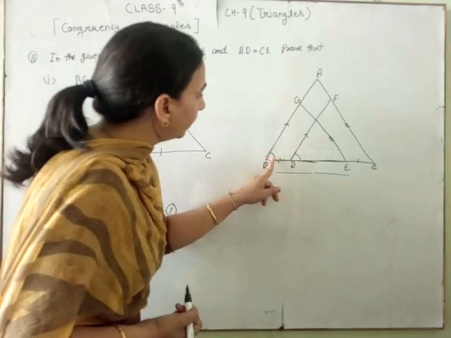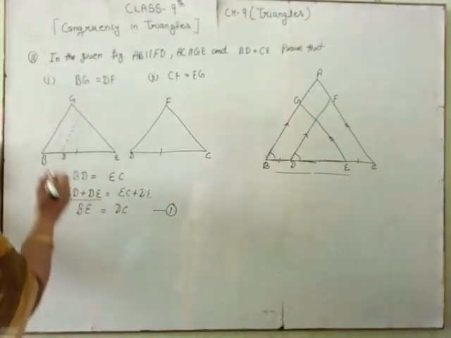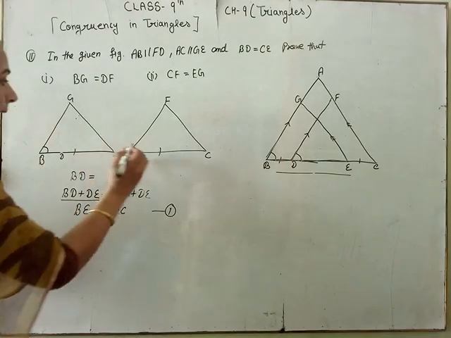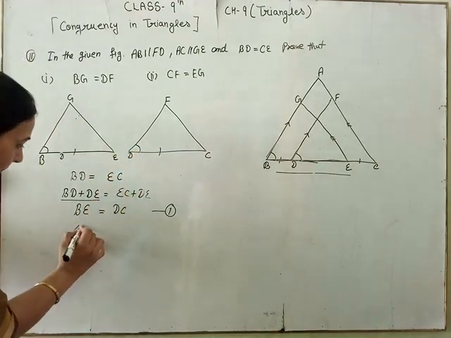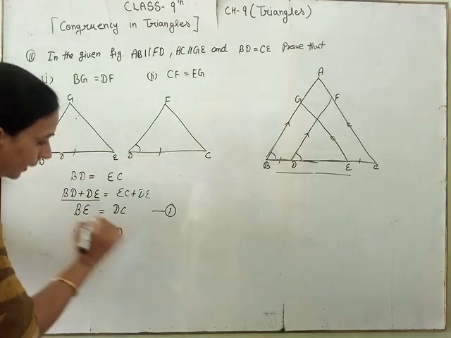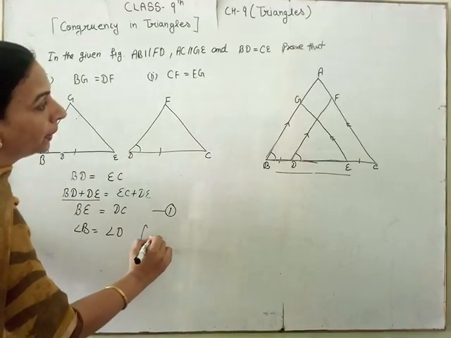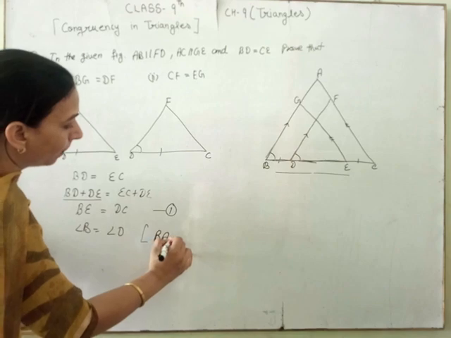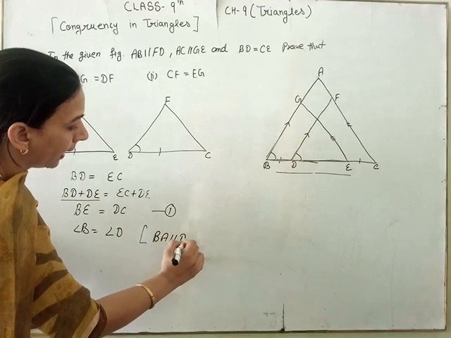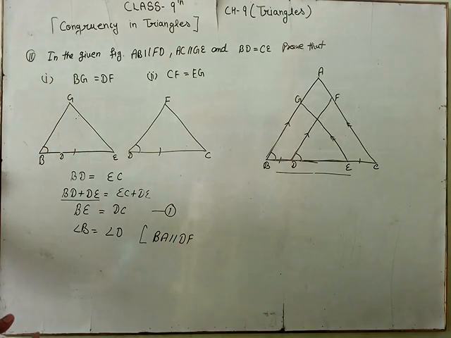Angle B equals angle D, since BA is parallel to DF. Okay student, the second is complete.